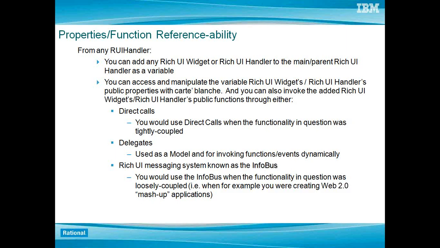So, this was the second type, and we have a third type that we are going to know in detail right now. The third type is infobus. Here we do not have any tight relationship or tight coupling. We have a loosely coupled communication.